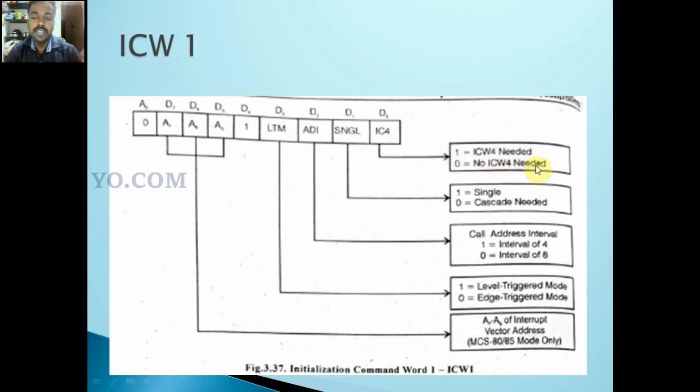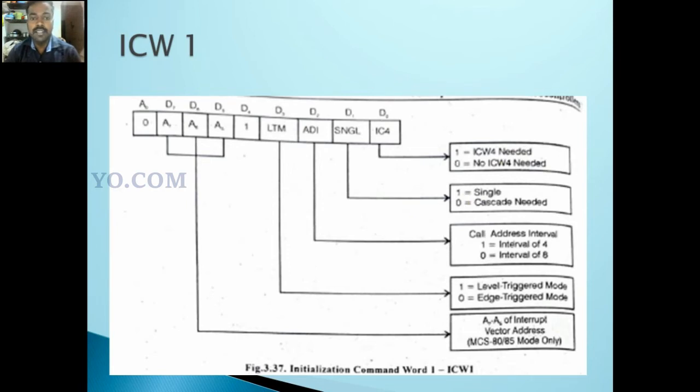This is ICW1, initialization command word 1. Command word 1 indicates whether ICW4 is needed or not needed, whether the IC is connected in single or cascaded mode, the call address interval, and whether it is level triggered or edge triggered. Okay, these are the things indicated by the ICW1.